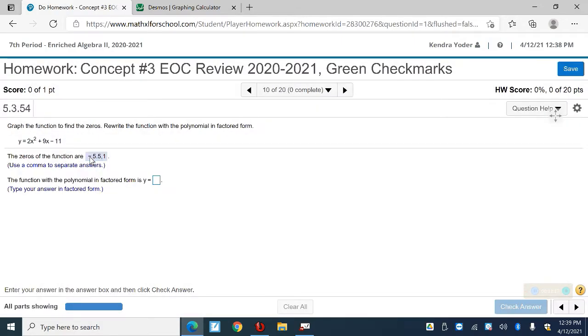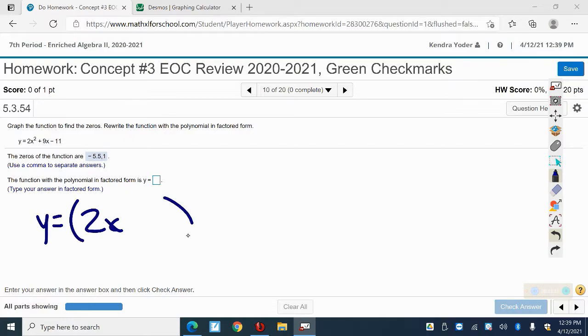And then it says to write it in factored form. So if you're writing it in factored form, you actually have to factor this into two binomials. Okay? So with that being said, what do I expect you to do? Y equals 2x and x. Factors of 11 are 1 and 11. So you're going to have a plus 9 here and a minus 1 there.